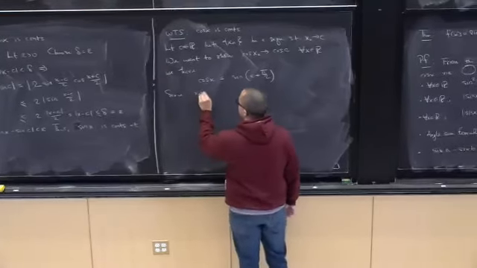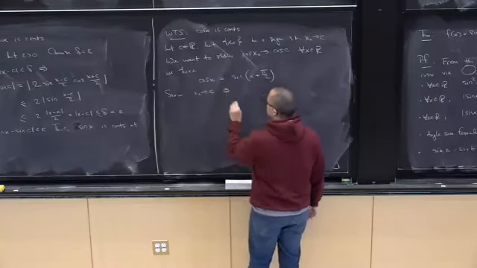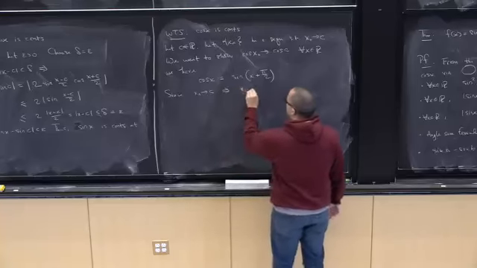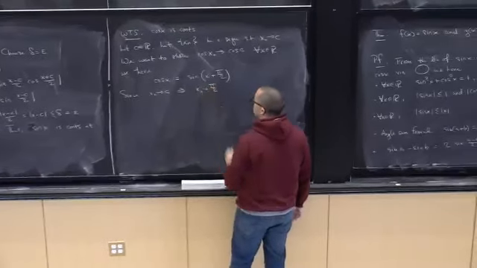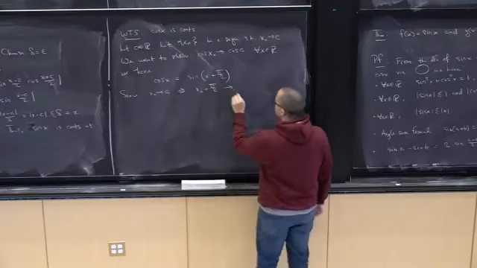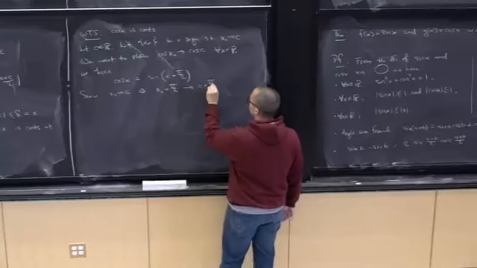Since the sequence x_n converges to c, this implies the sequence x_n plus pi over 2 converges to c plus pi over 2.